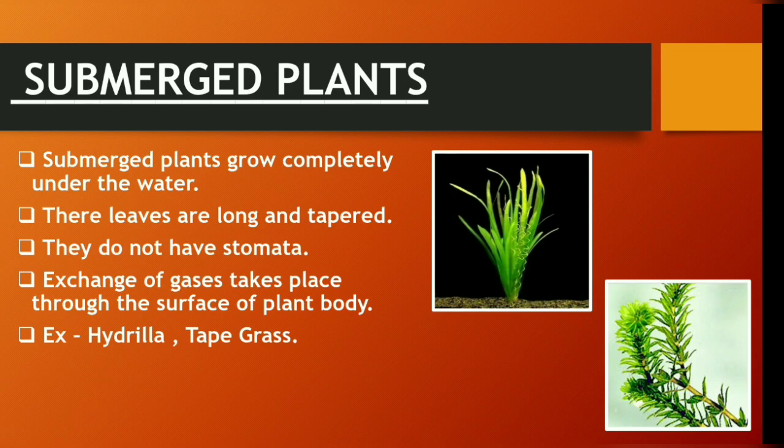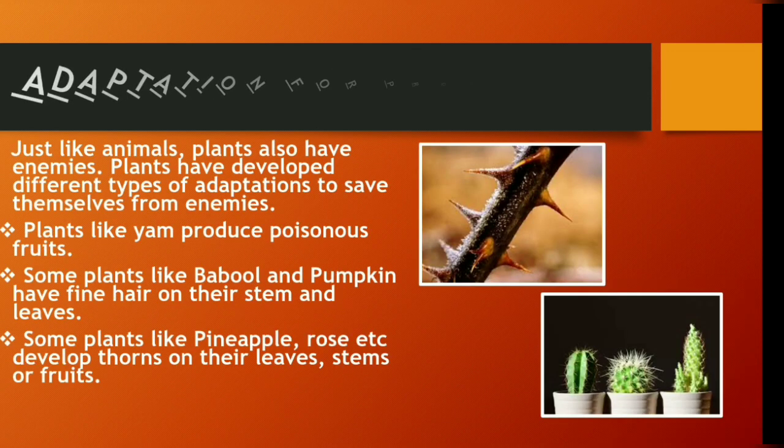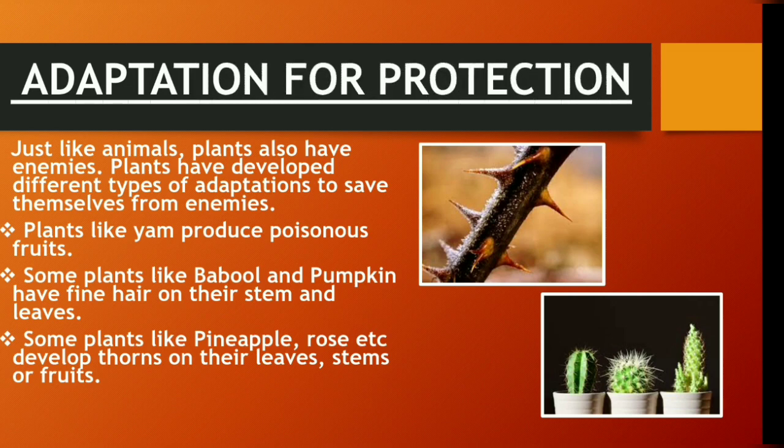They grow inside water. Now the last category of our chapter is adaptation for protection. Just like animals, plants also have enemies. Plants have developed different types of adaptations to save themselves from enemies. So to protect ourselves from enemies, we also develop some special features. Animals also develop some special features.